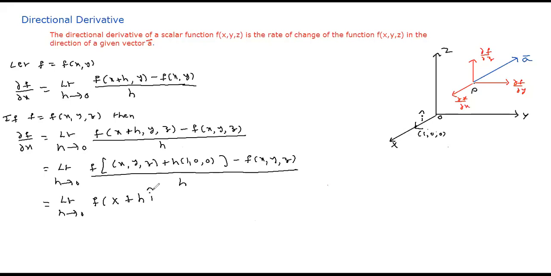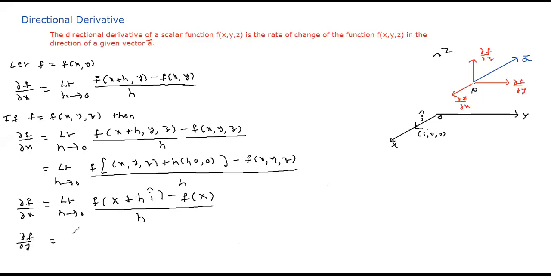So this is f of X plus h i bar, minus f of this point xyz, which is equal to capital X, divided by h. So this is a rate of change of the function with respect to the variable x, which is a partial derivative. Is that okay? Similarly, how can I write the partial derivative with respect to y, if I want dou f by dou y?